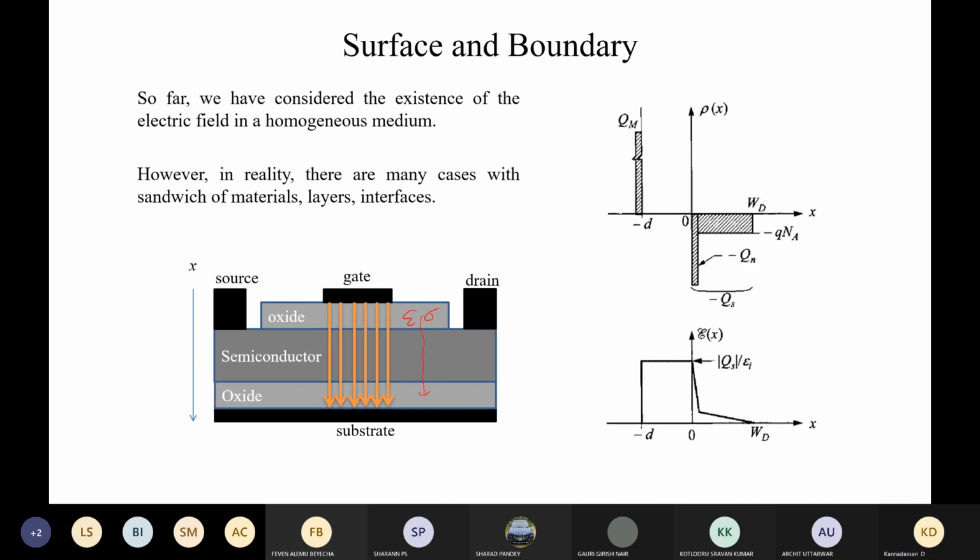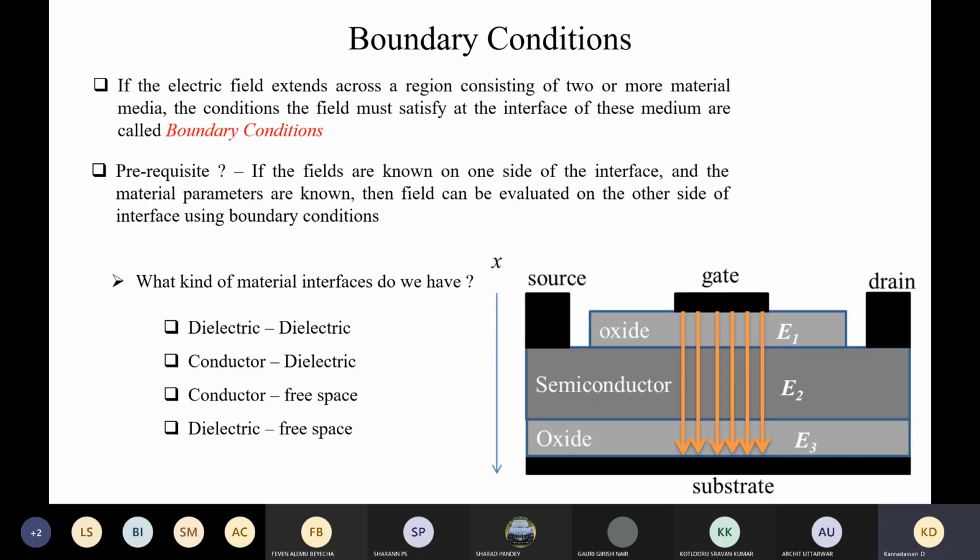To do that, we need to be very clear about what is happening at the interface, because this interface is common to both. Thereby, the electric and magnetic fields crossing it are supposed to be equal. So the common method we follow is what is described here.